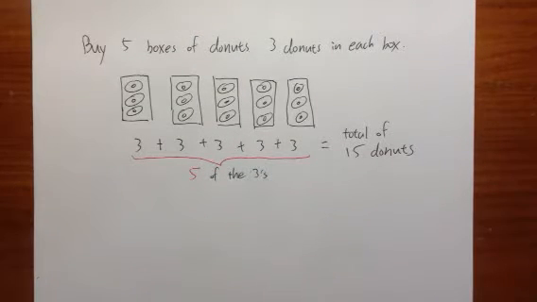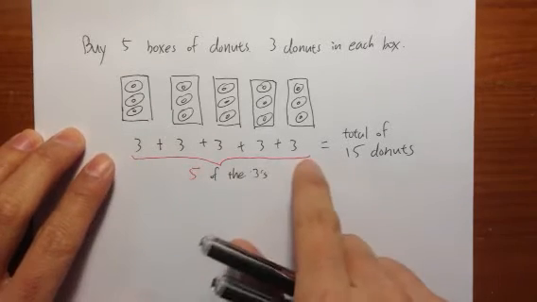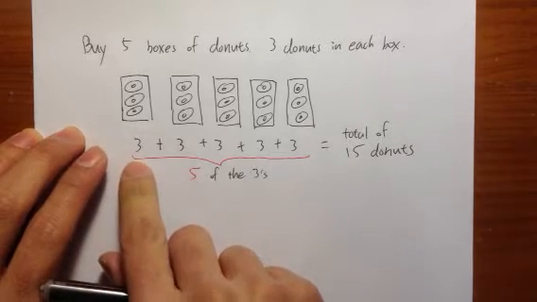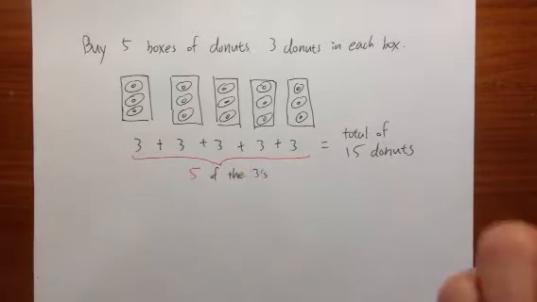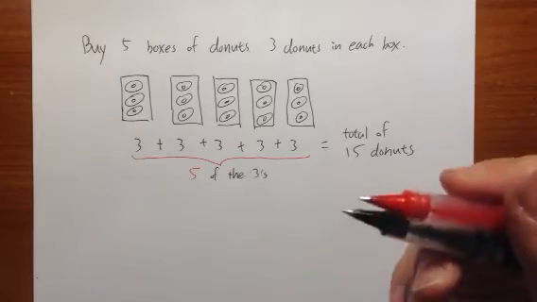And there's another operation that can help us do this kind of calculation. Because we are just adding the same number over and over again, that's what we call multiplication. That's the idea of multiplication with whole numbers.